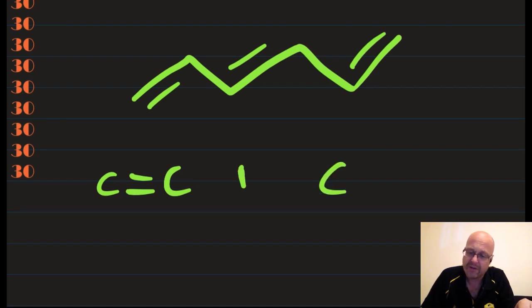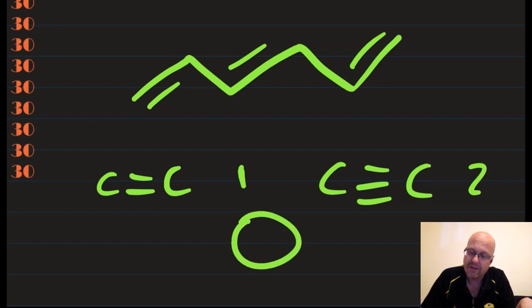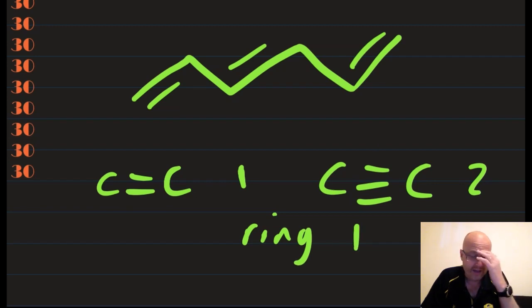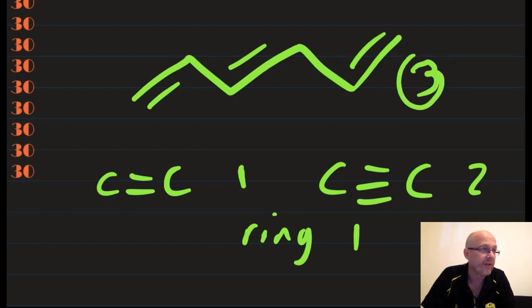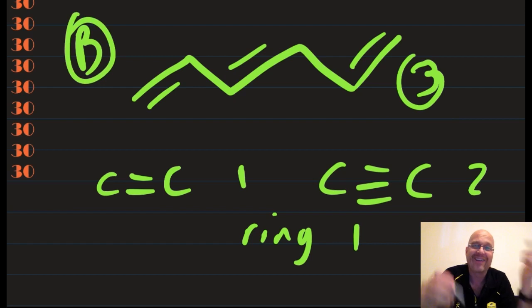Every carbon-carbon triple bond counts as 2. And every ring, be it a hexagon or a triangle or whatever, every ring counts as 1. So I count 3 carbon-carbons, 3 of them, so that's going to be B. 30B. Got them all right.